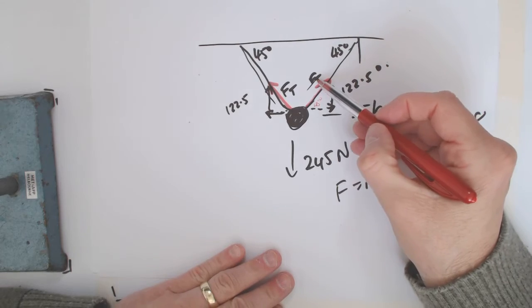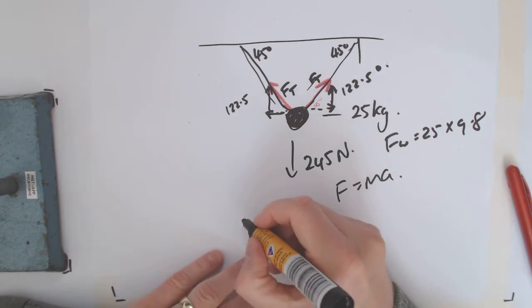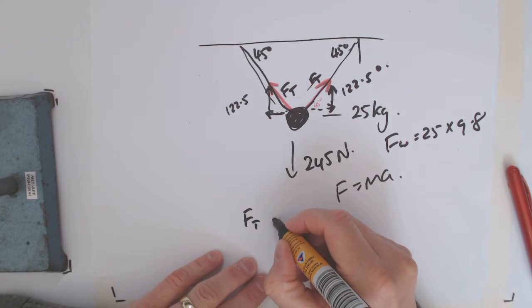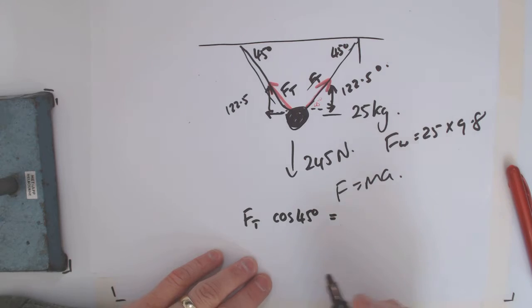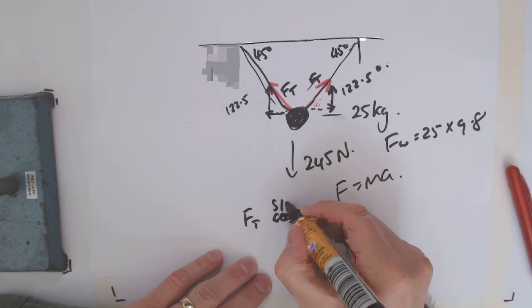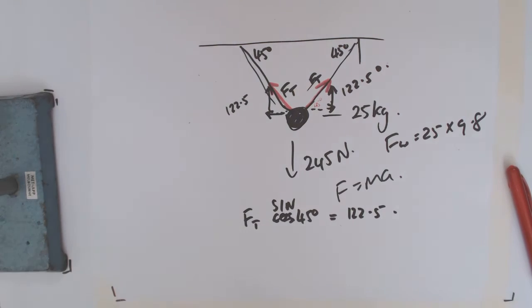So Ft times the sine of 45 degrees must equal 122.5. I know that those of you that are good at maths are going, haha, it doesn't matter. Sine and cos of 45 are the same thing, right?